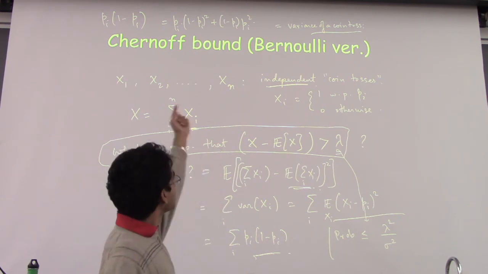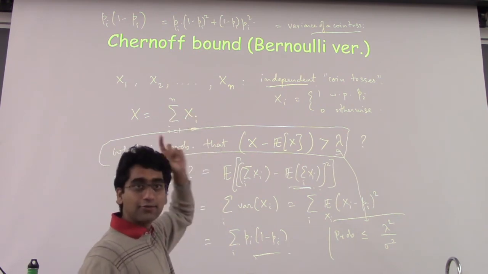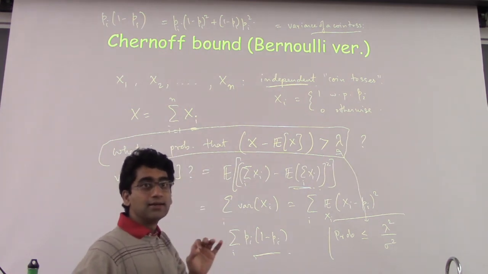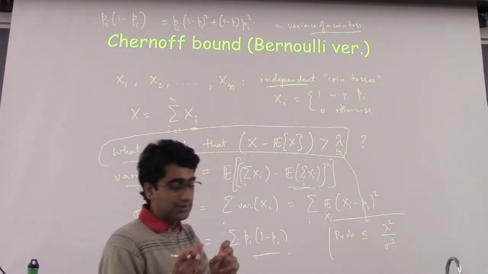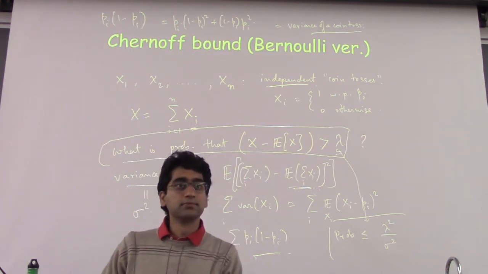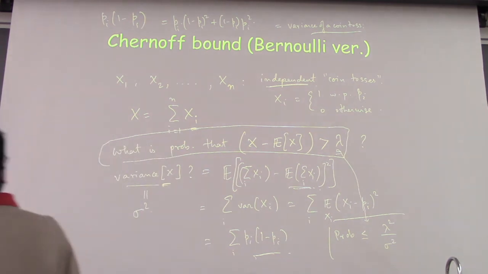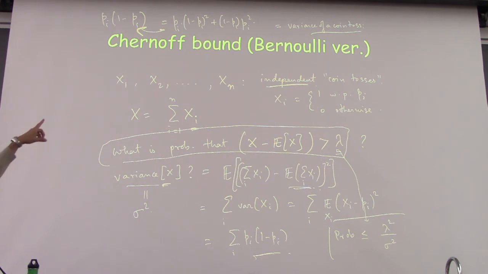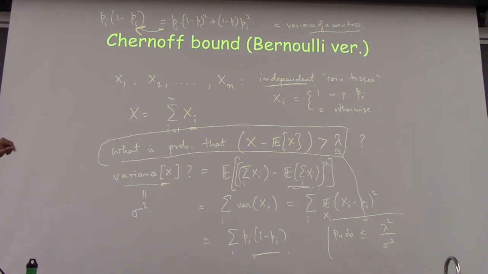That is the computation I did there. For xi, it is just a 0, 1 random variable. So it's because of this: pi times 1 minus pi squared plus this. If you take pi times 1 minus pi out, then you just get p plus 1 minus p, which is 1. This is one of these standard things.